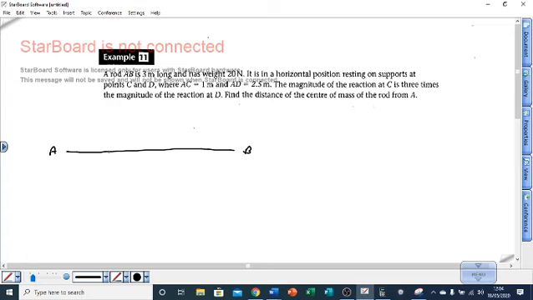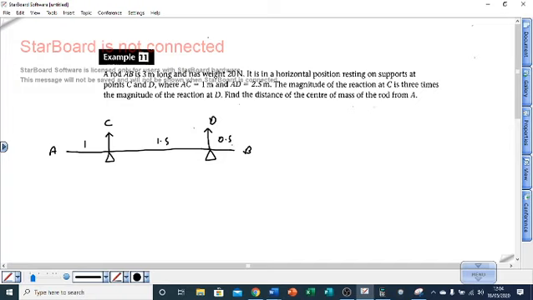So I've got a support there, pushing it upwards. That is C, and that is 1 meter. A to D is 2.5. So there is D, and that's 2.5, which means that's 1.5 there, and 0.5 there.